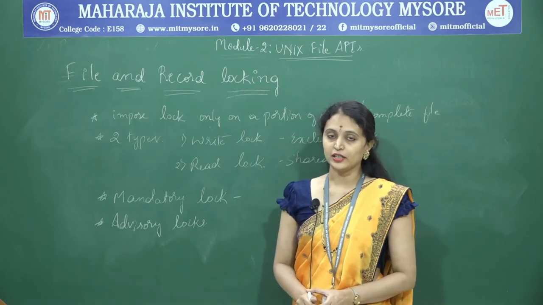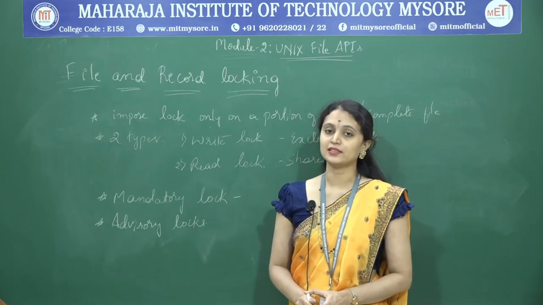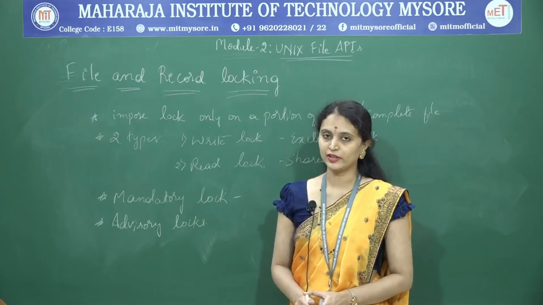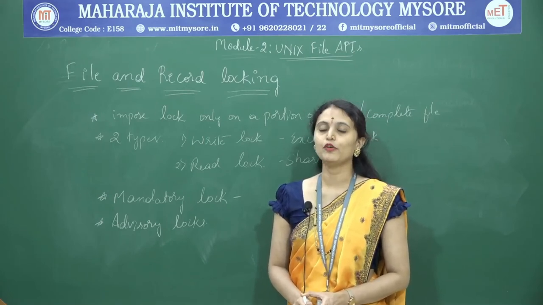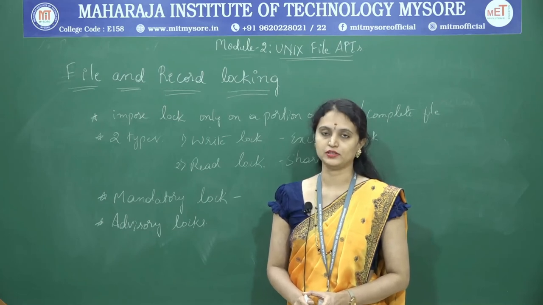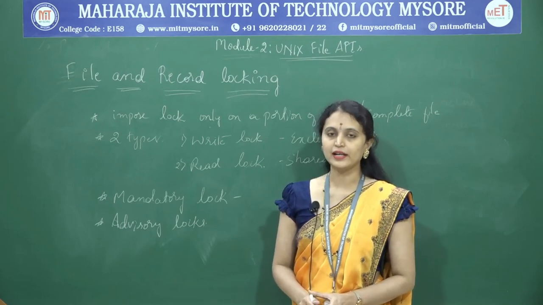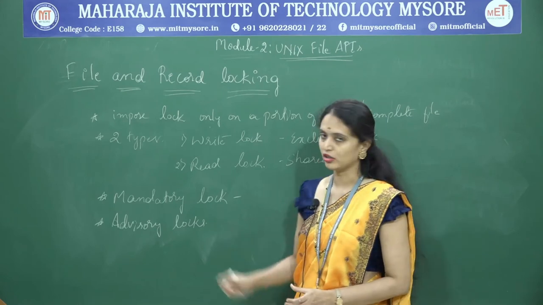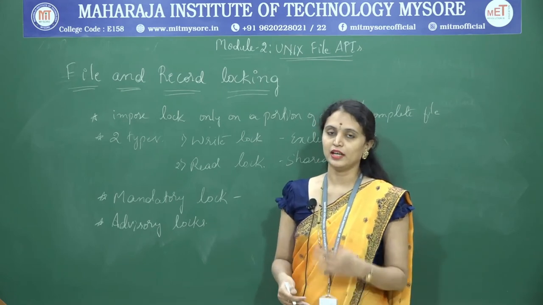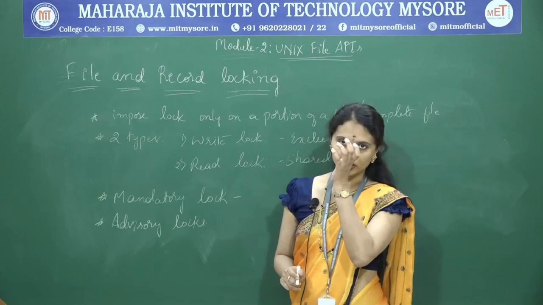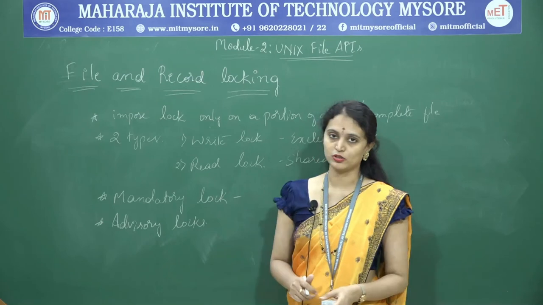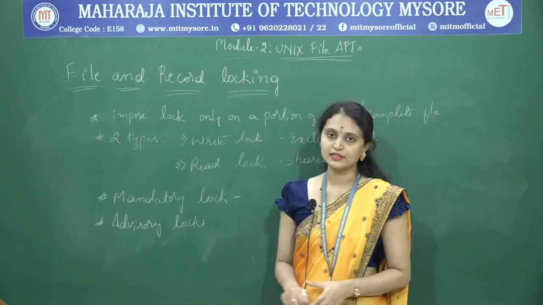Even if a process has imposed an advisory lock on a file, it will not restrict other processes from performing read or write operations. That is why the kernel at the system call level will not enforce an advisory lock. The kernel will always enforce the mandatory lock, and I also told you the drawback of the mandatory lock. So, now this is about the advisory lock.